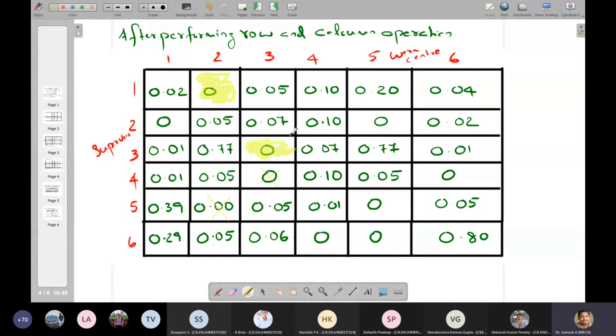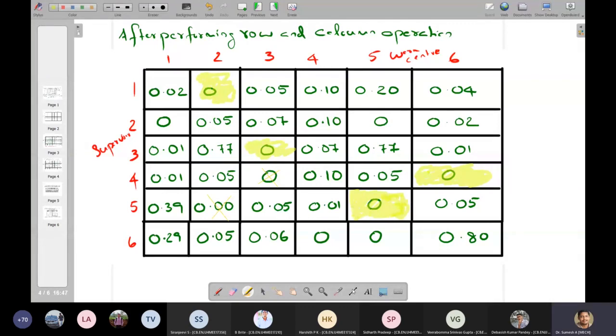Now the fourth row is single zero. Fifth row, now the fifth row is single zero since this is already struck off.